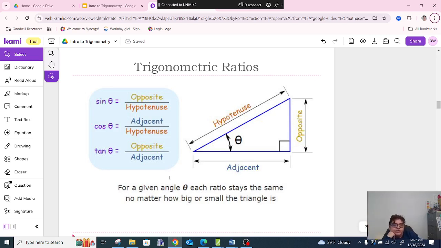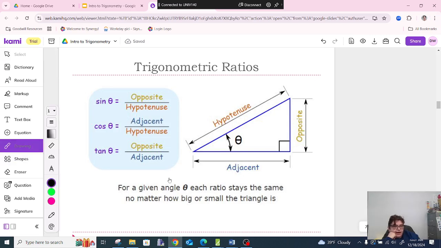Okay, so here's theta. When I'm talking about opposite, I'm talking about across from the angle. Crossing the street is opposite. When we do these, you are going to be labeling your triangles based upon the angle that we're mentioning.